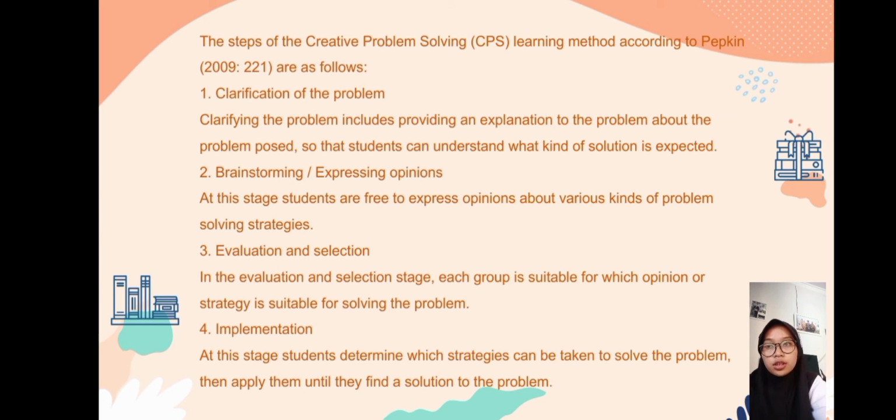In the evaluation and selection track, each group should determine which opinion or strategy is suitable for solving the problem. 4. Implementation. At this track, students determine which strategy can be taken to solve the problem, then apply it until they find a solution to the problem.